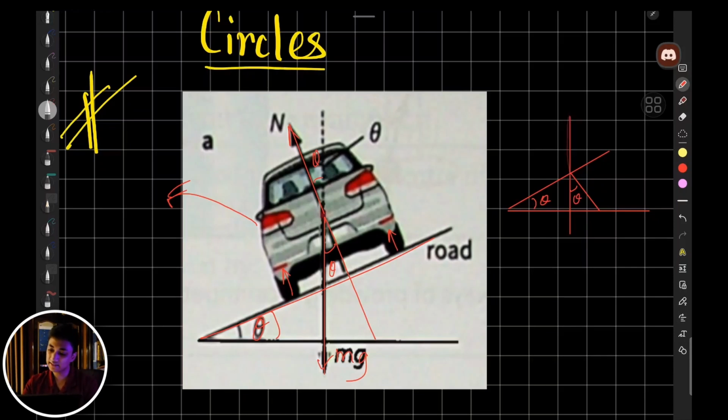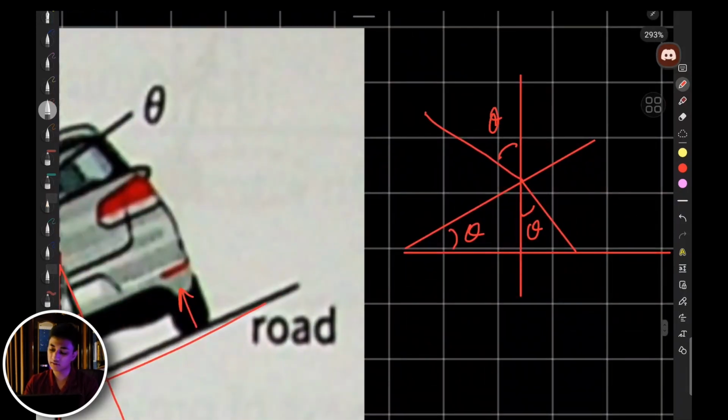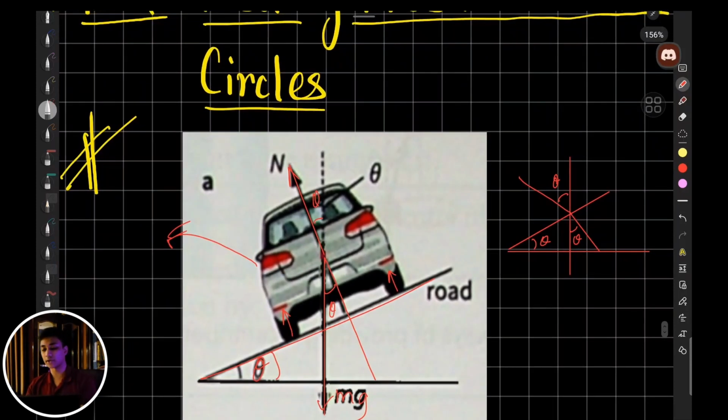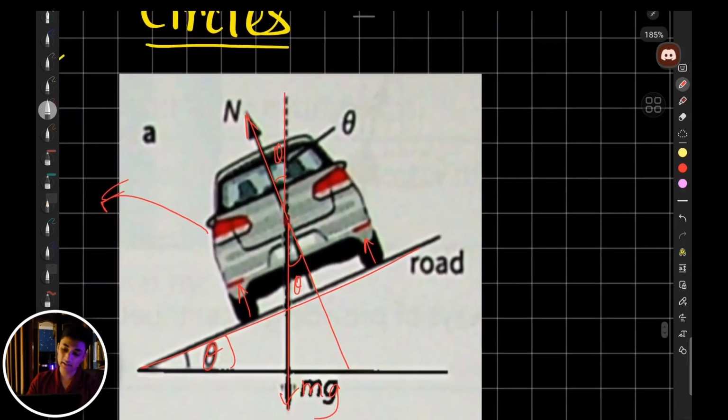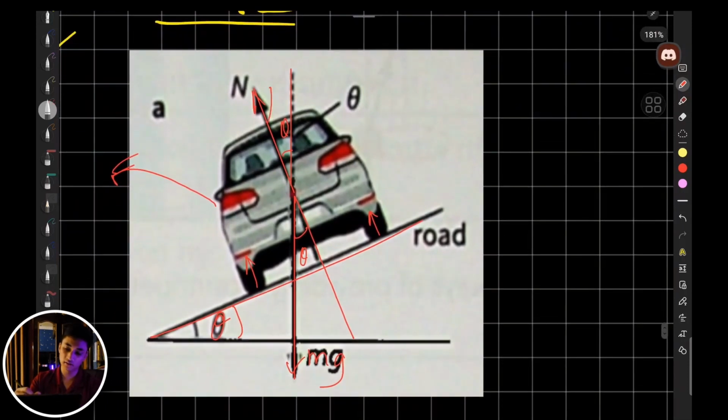If this angle is theta, the opposite angle is supposed to be theta as well. So we know the angle between the perpendicular and the vertical line is going to be theta.